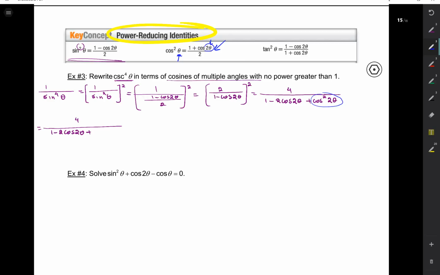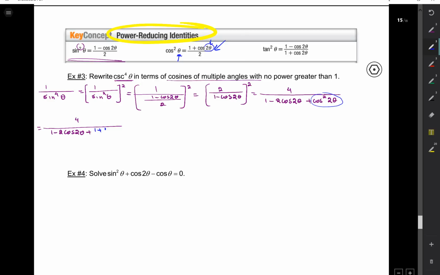If this was cosine squared 2 theta, that would be cosine 4 theta. Okay? So it takes this angle and doubles it. So in here then, it's going to be 1 plus cosine 4 theta over 2.